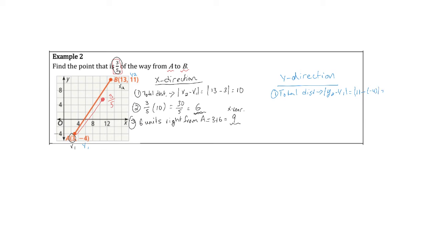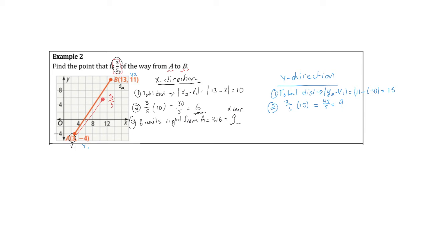Absolute value of that, so it's 11 plus 4, which is 15. So our total distance is 15. We need to multiply it by 3/5. So we get 45 over 5, which is 9.